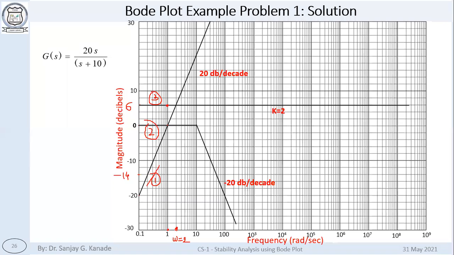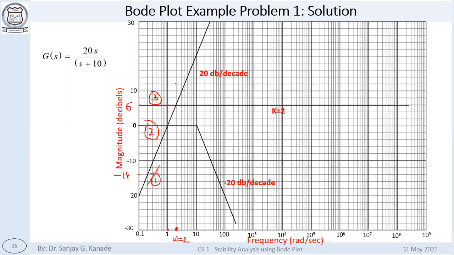If you add these 3 factors, the values are 0, 6, and again 6, which means it will be 12. So this particular point has to be 12, right?